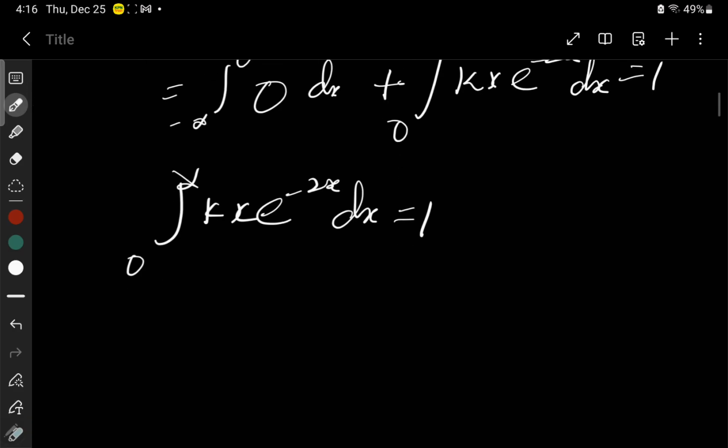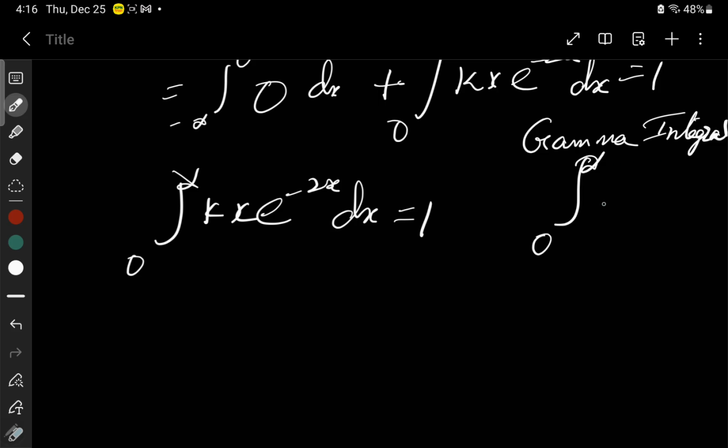Here k is a constant, so you can take it outside the integral. Also we know the gamma integral, which you learned in 11th standard.